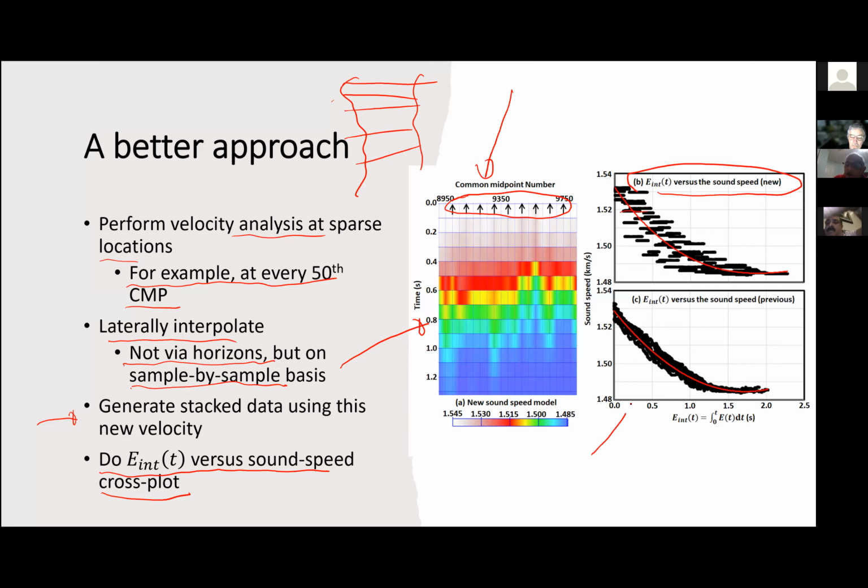And this is actually the old relationship I found from the inverted model. Surprisingly, even though here I am using the sound speeds from my velocity analysis and interpolation, the relationships are still about the same. This is really interesting.